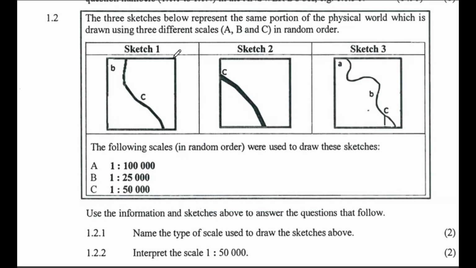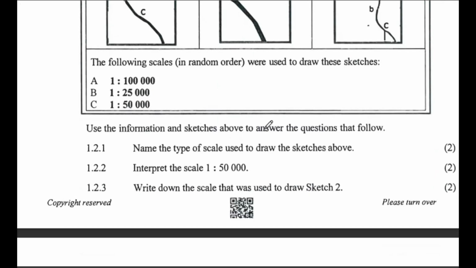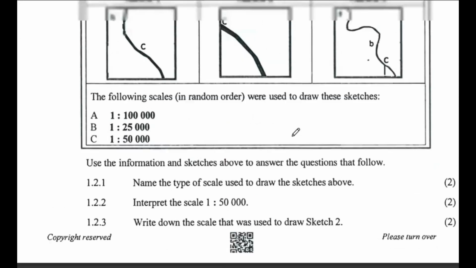The following scales, in random order, were used to draw these sketches. Scale A, 1 is to 100,000. Scale B, 1 is to 25,000. Scale C, 1 is to 50,000. Use the information and the sketches above to answer the questions that follow.